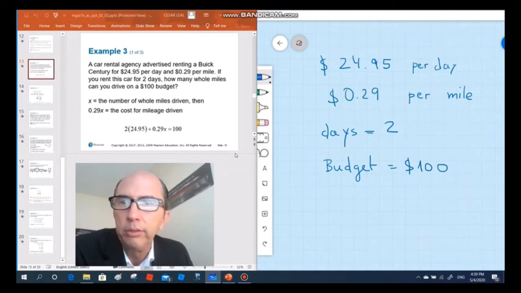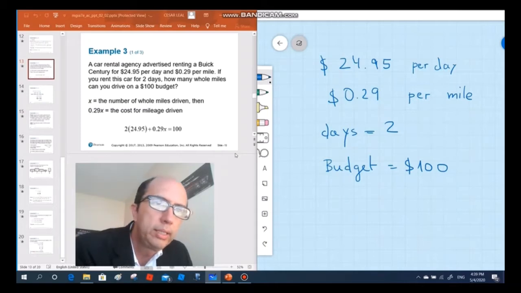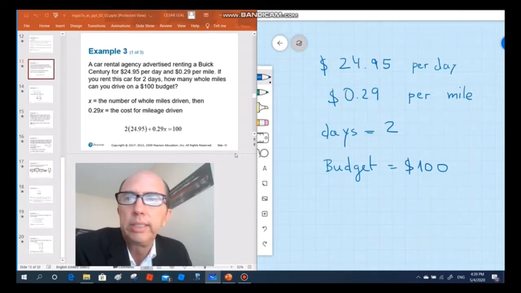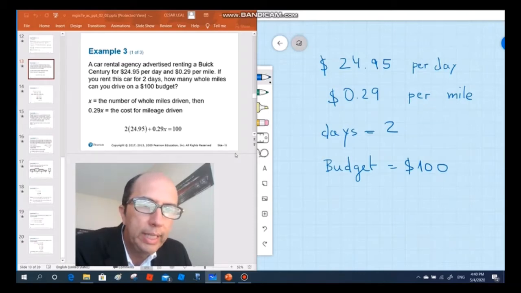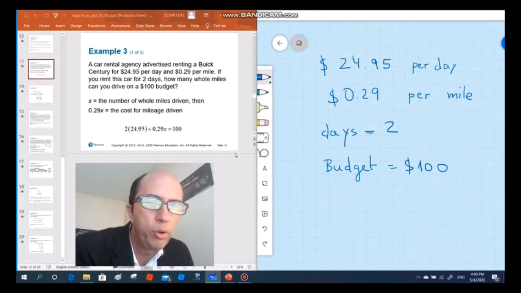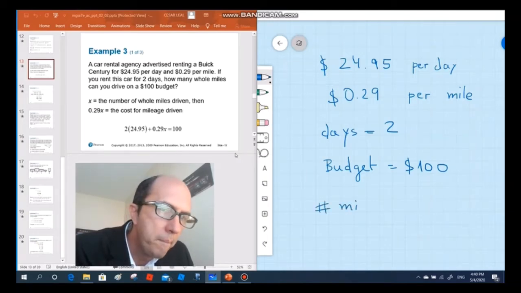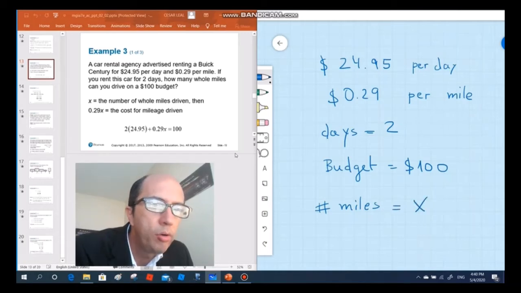That's the question of this problem. So the variable is the unknown. The thing that we don't know is the number of miles, x. So we're going to call the unknown, the number of miles, the variable x.